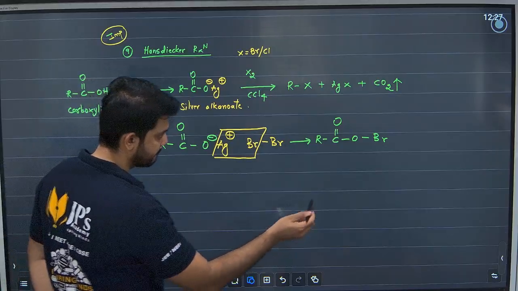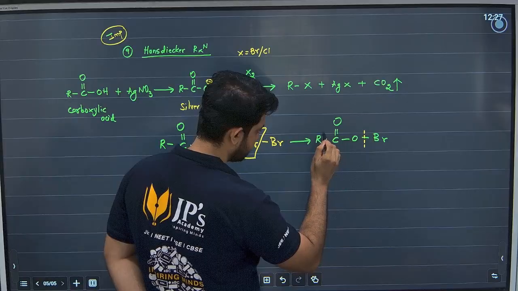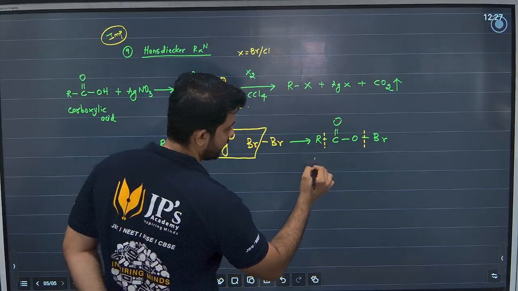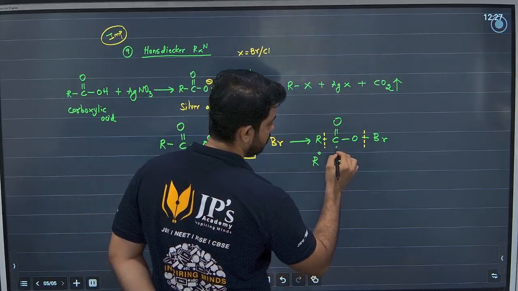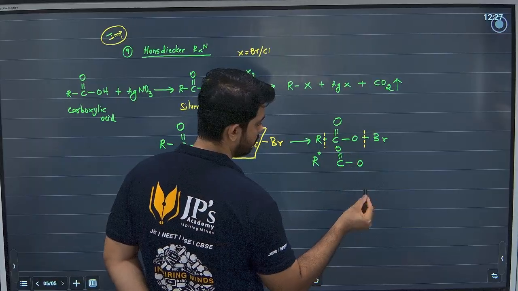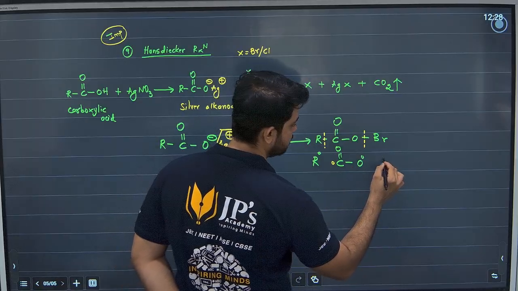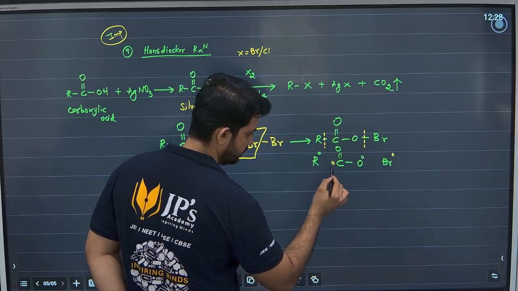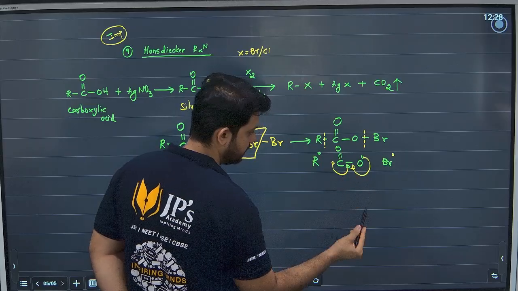Then break it like this. So you get alkyl का free radical, COO, एक यहाँ पे इलेक्ट्रॉन है, एक यहाँ पे इलेक्ट्रॉन है, and you get Br radical. This comes here, this comes here.